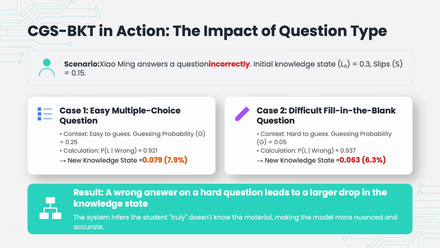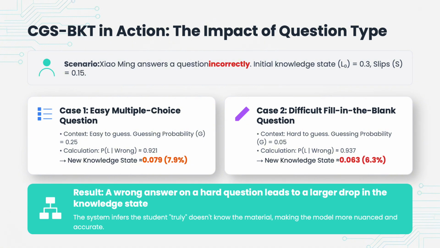Let's see how this works with Xiaoming again. Suppose he gets a question wrong. In basic BKT, we just plug in a fixed G value. But with CGS-BKT, we look at the question. If it's an easy multiple-choice question, we set a higher guess probability, say 25%. Plugging this into our formula, his knowledge state drops to about 7.9%.